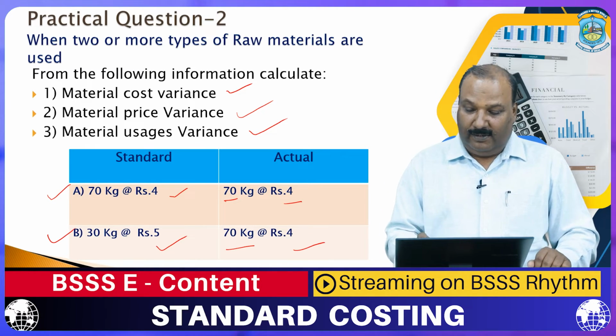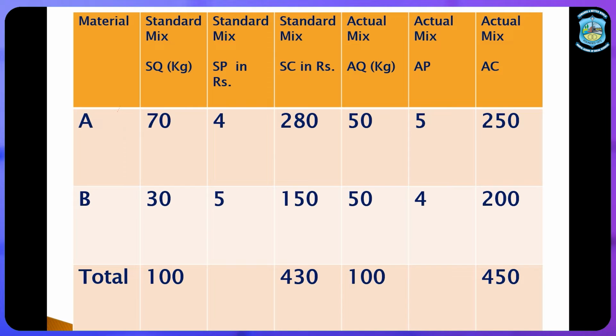Now we will calculate this. Let's solve this question. Material standard mix. For this we will write down here the standard quantity in kgs, standard price in rupees, standard cost in rupees. Now the actual quantity, actual price, actual cost.